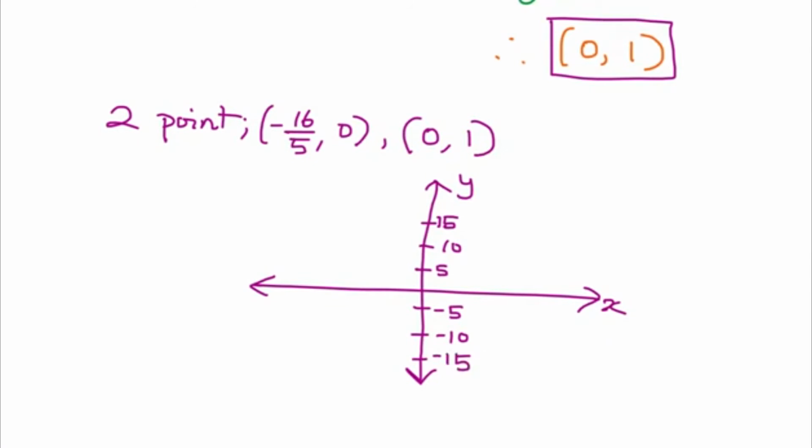And for the x, let's just make this negative 1. This one should be positive 1. So if we make this positive 2, this here will be negative 2.